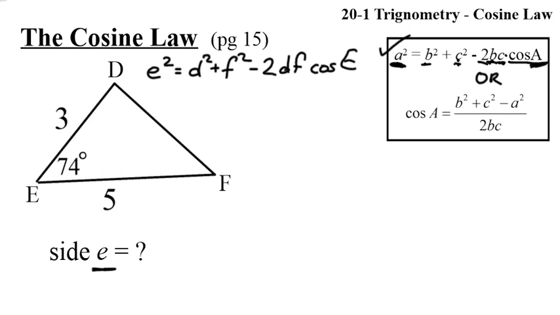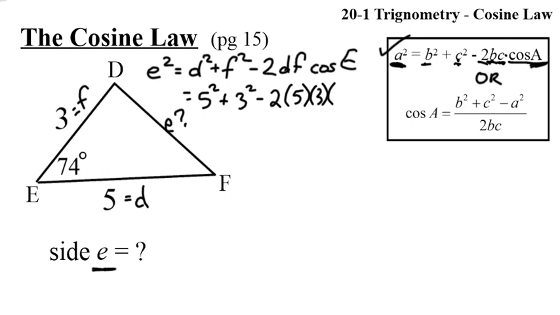Quick labeling, if there's E, we're trying to find E. Opposite angle F is side F, opposite angle D is side D. And we just need to plug in. 5 squared plus 3 squared minus 2 times 5 times 3 times cosine of our 74 degrees. That's what E squared will equal.